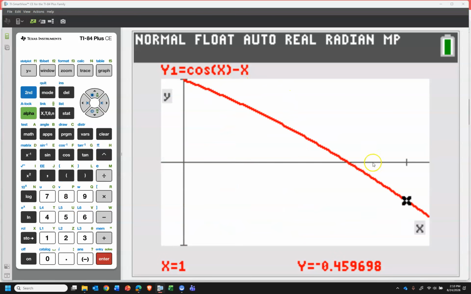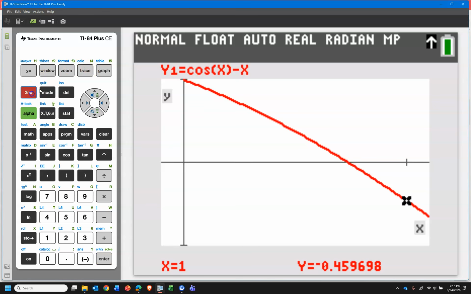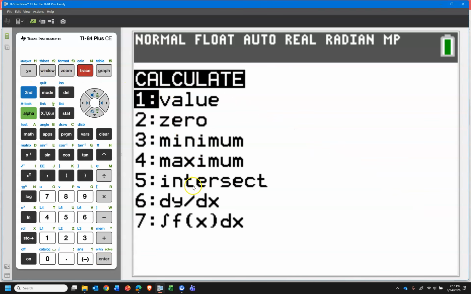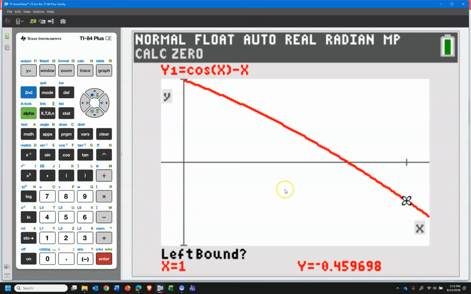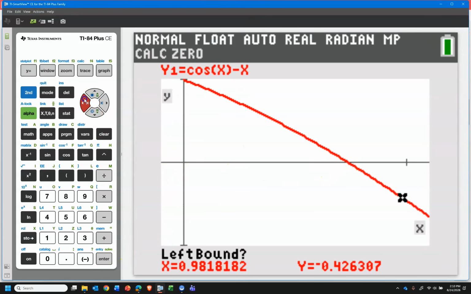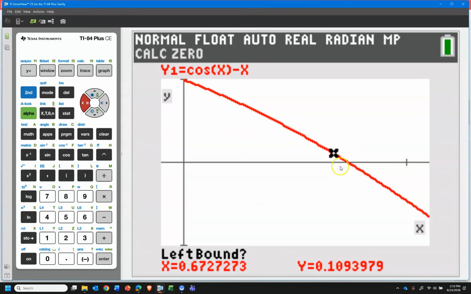One way to go is use the graph. If you have an 84, do that. That's calculations here, second calc. And we want to find a zero, because right now on this graph, we're looking for where the graph crosses the x-axis. So left bound, you need to get that cursor to the left of this little spot that we're looking for.